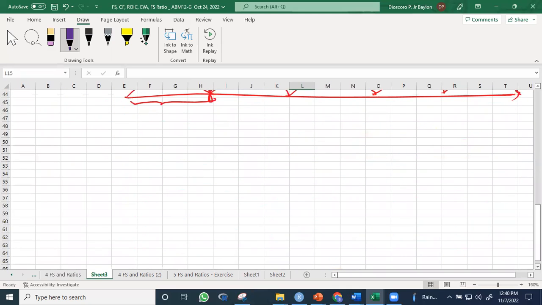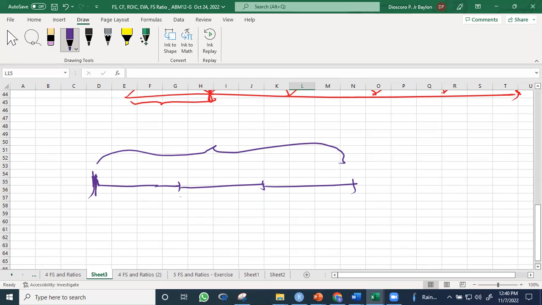Okay, simple lang siya. No? So, simula tayo. Bibili ng raw material. Convert to goods. Sell. Collect. No? This is your operating cycle.